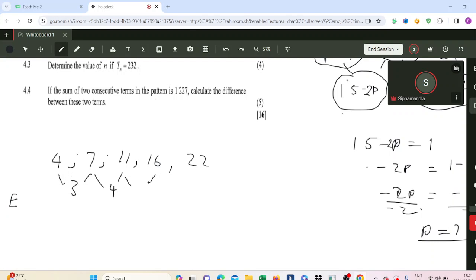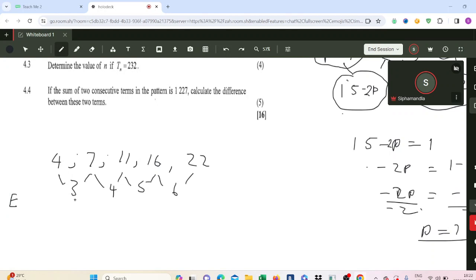And then it's 16 minus 11, that is 5. And 22 minus 16, that is 6. Right? So that is the first difference, by the way. If this was an arithmetic series, this first difference would be the one that is the same.